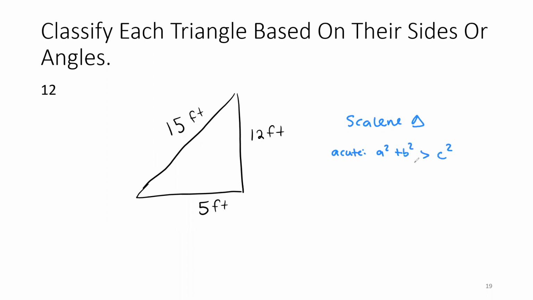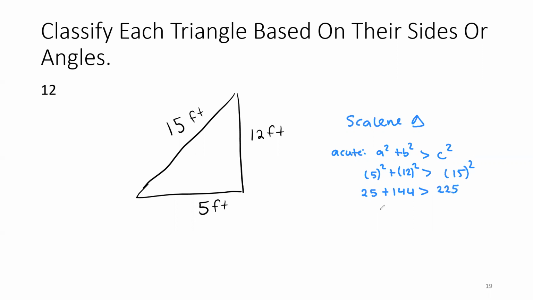A and b represent legs, c is the hypotenuse. So one of my legs is 5 squared plus my other leg is 12 squared is greater than c squared. Okay, so 5 squared is 25. 12 squared is 144, is greater than 15 squared, which is 225.